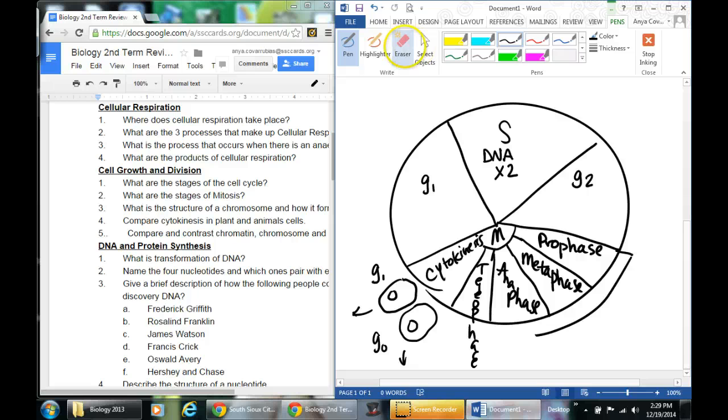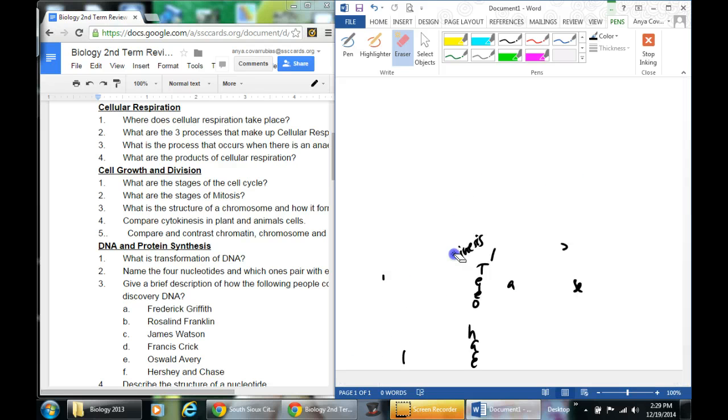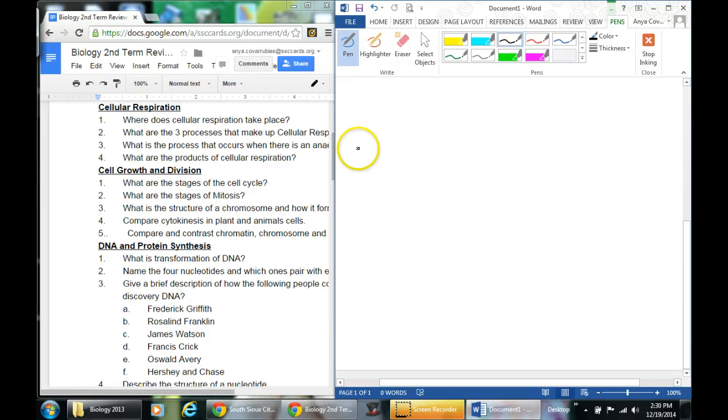Okay, so let's talk about these stages of mitosis a little bit more in depth. So prophase, if we were going to talk about it from a chromosome standpoint, we're going to be looking at chromosomes that are condensed. During the G1 phase, the S phase, and G2, the DNA is just in the nucleus, just kind of all hanging out.